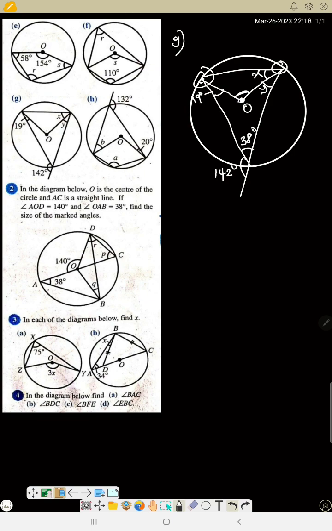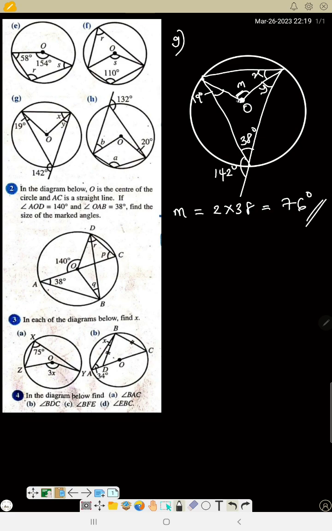So angle which this arc makes at the center is 2 times the angle which it makes at the circumference. So if I call this place M, that means M is equal to 2 times 38. So always trace the rule. So 2 times 38 now should be 76. So this place is 76.